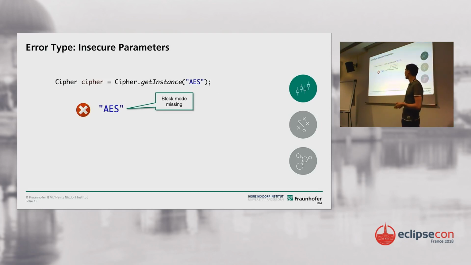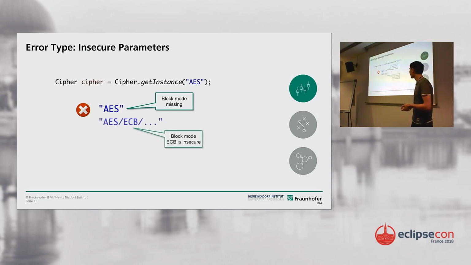So just supplying AES is incorrect in most of the cases. And then you could start supplying a block mode, and you start using ECB, which is also in combination with AES insecure. So instead, what you should do is supply this AES/CBC. So that's the first error marker that CogniCrypt warns you about, this insecure parameters.